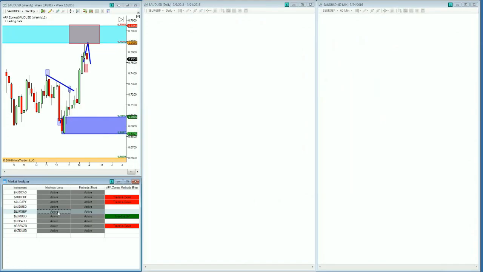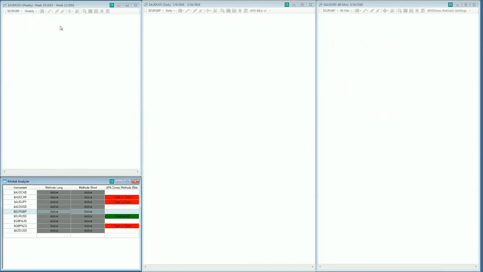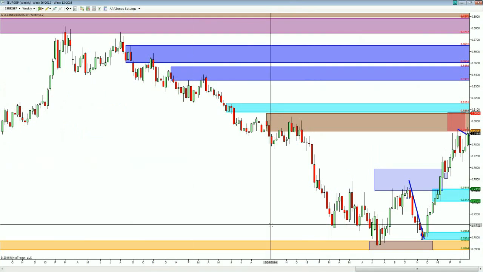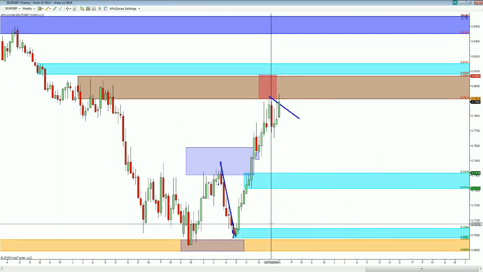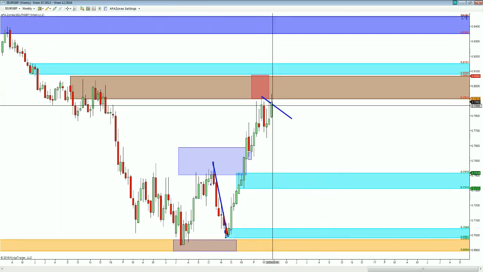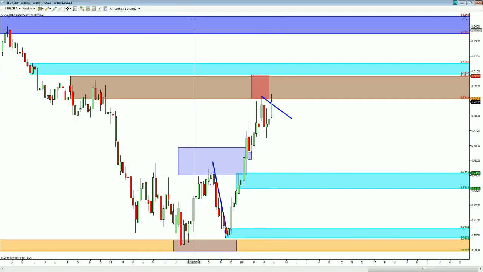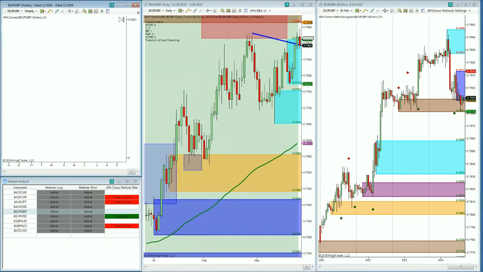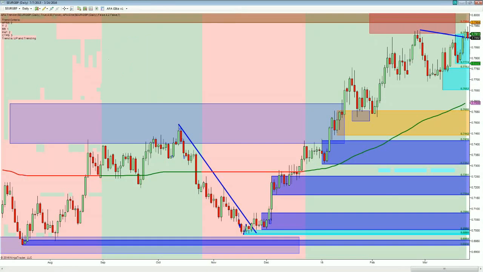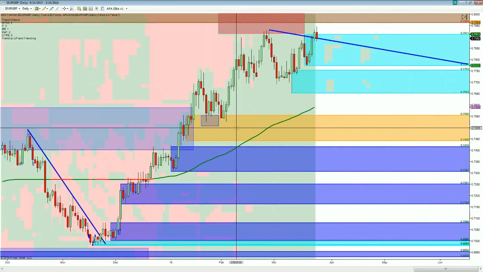So looking over here at the Euro Pound, looking at the big weekly time frame, we've been watching this thing. We drew a little trend line from here, from the chocolate zone, just in previous weeks. This thing has been making a new high, and it looks like we have a new high deal going on right there.